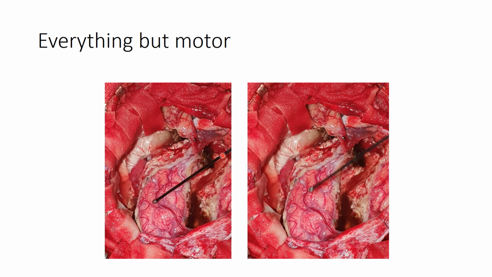And in this case, we would stimulate in the depth of this incision, of this disconnection, to check for the proximity of the pyramidal tract and to stay away from it in order not to cause a deficit by interrupting it.